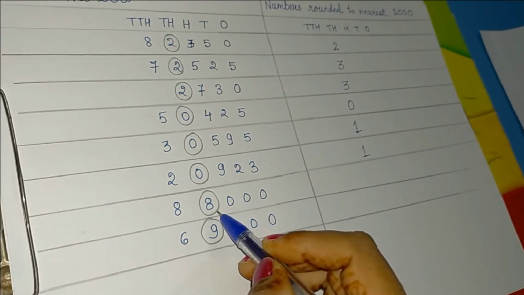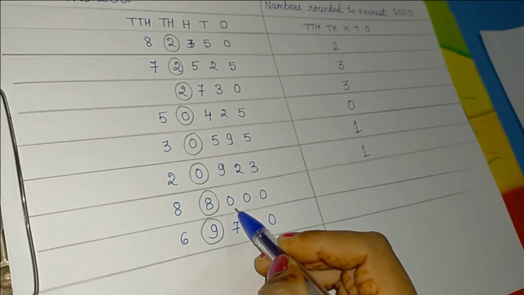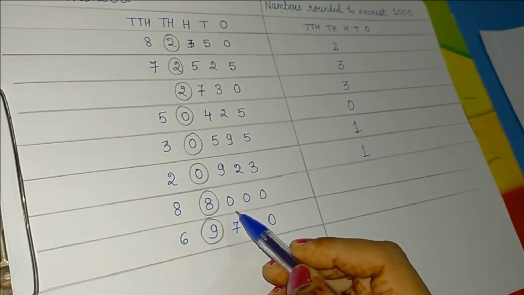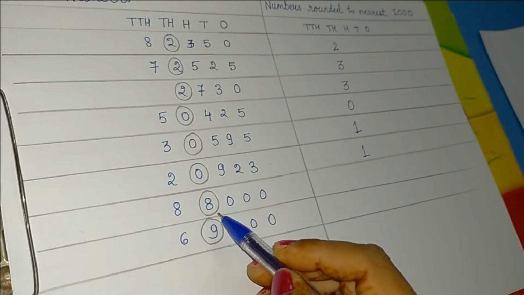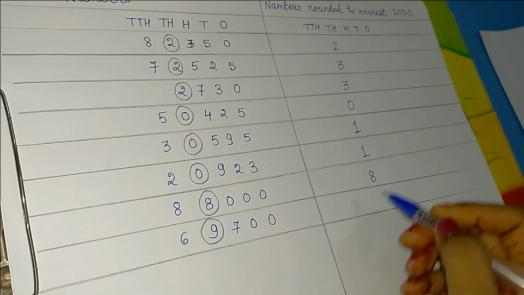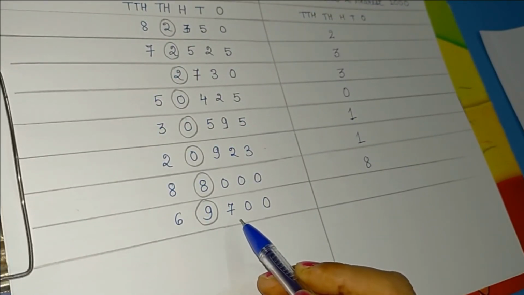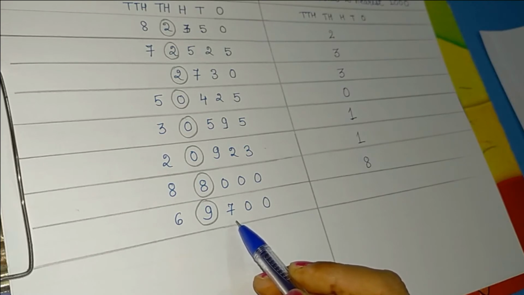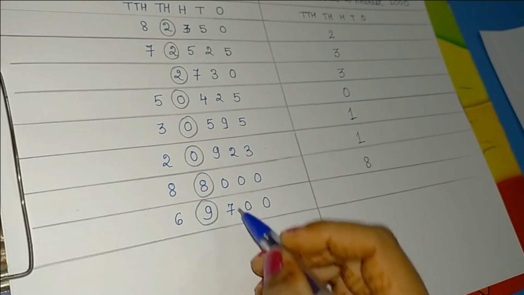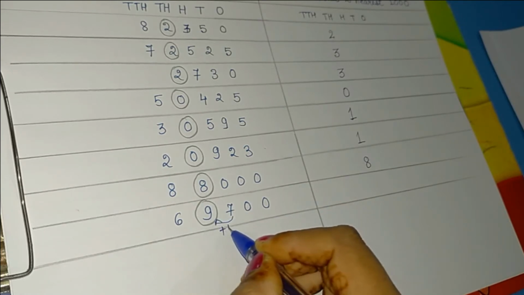Here we have 8 at the 1000 place and here we have 0 at the 100 place. According to step 3, if 0 is present at the 100 place, then no change will occur to the 1000 place. So we will keep this 8 as it is. So here it is 8. Now in our next number we have 7 at the 100 place and this 7 is greater than 5. So we need to add 1 to this 1000 place.